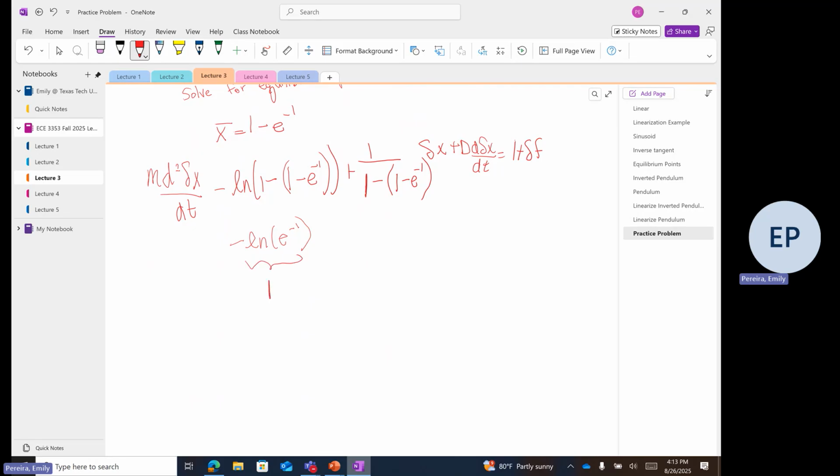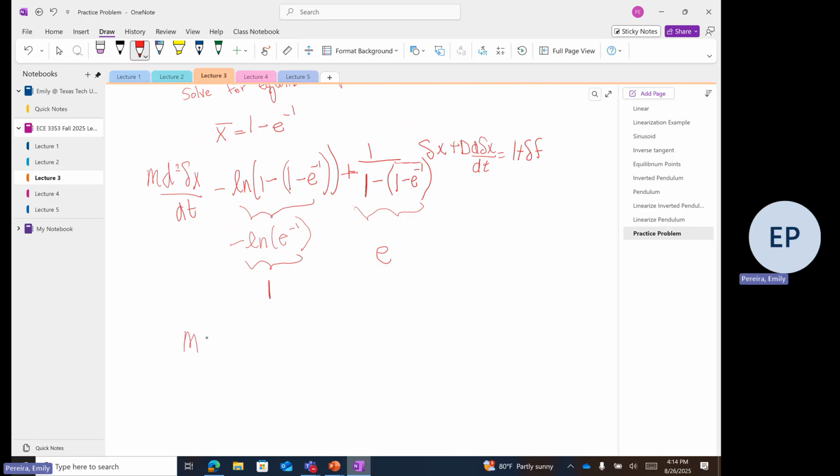Okay, so we have this, and then we have this term. So this is 1 divided by 1 minus 1 minus e to the negative 1, which is 1 divided by e to the negative 1, which is really just e, right?